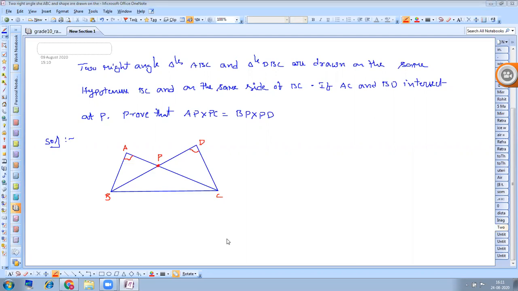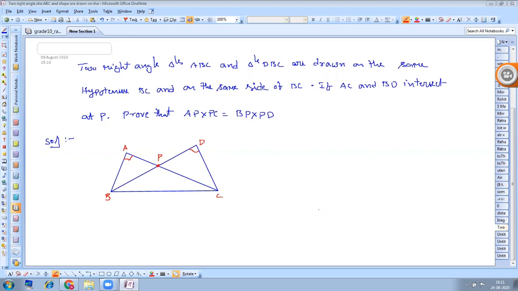Anyone got an idea how to start the question? What is the common thing in the given triangles? They lie on the same base.